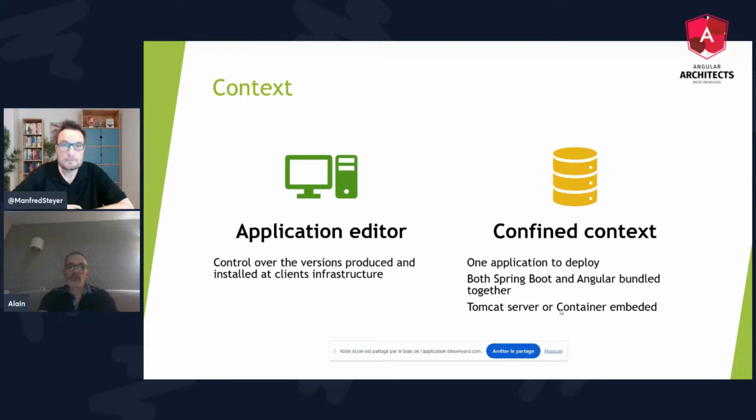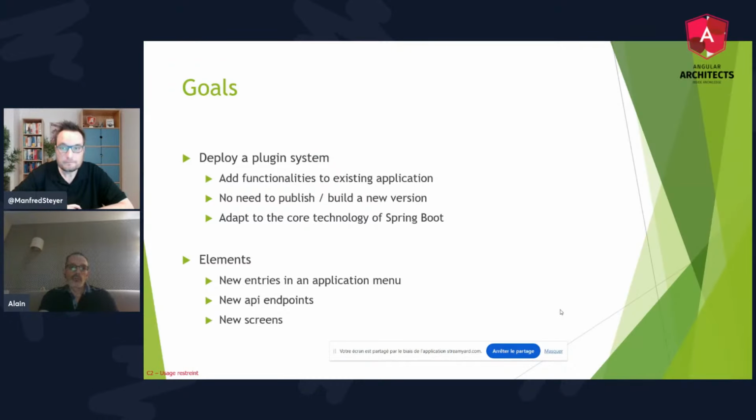So the goals. What were our goals, and they are still today, because disclaimer: this project is not over. It's ongoing. So we need to deploy a plugin system for our applications and add functionalities to an existing application. Okay, it's running.